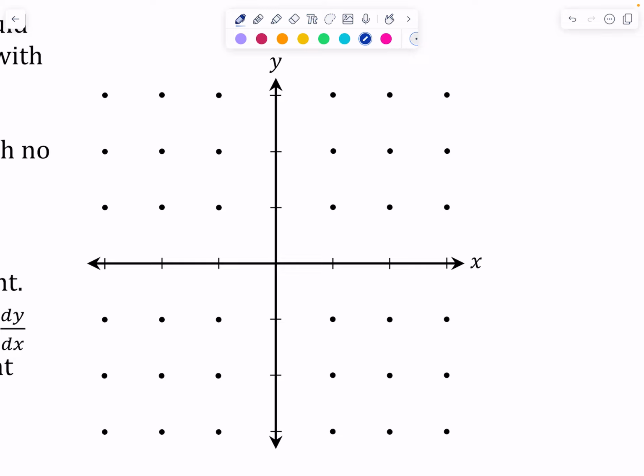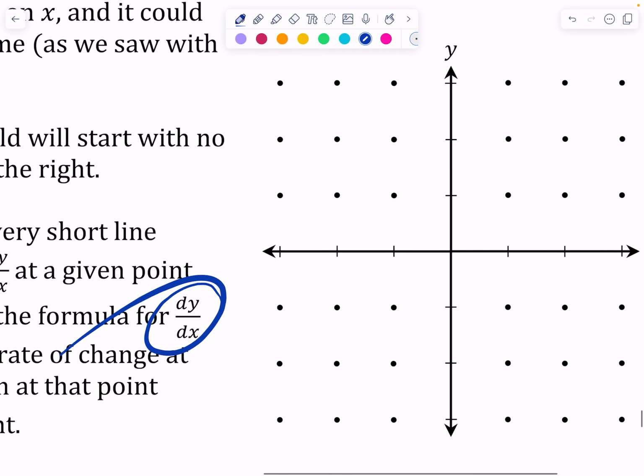And when we fill in a slope field, what happens is we are given an equation for the slope. So that slope, defined as dy/dx, has a definition. Maybe it's based on x, maybe it's based on y, maybe the slope is a constant, who knows?